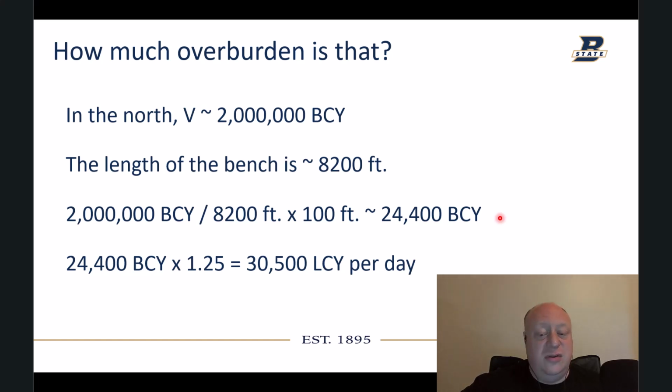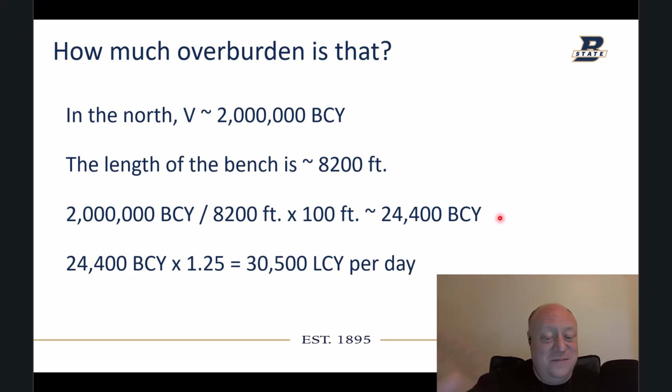So in the north, we have to remove about 2 million bank cubic yards. The total length of that bench is 8,200 feet. So we're actually going to be mining this really fast, right? It seems that way.